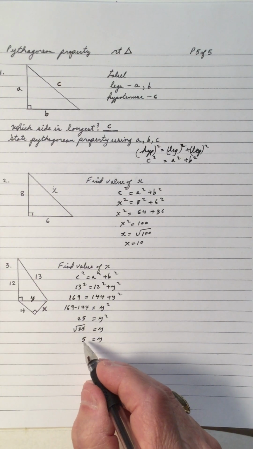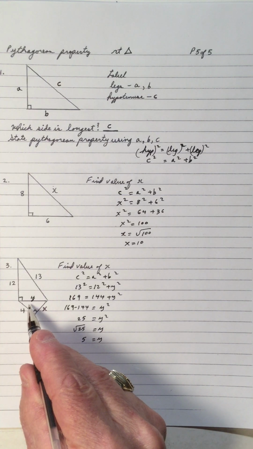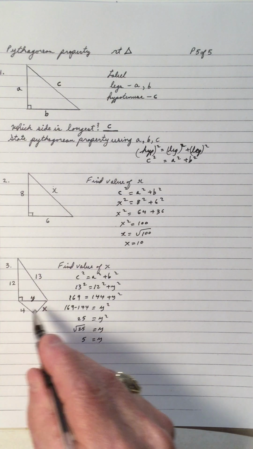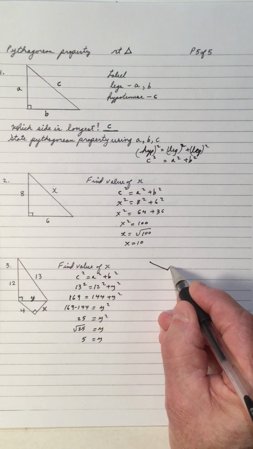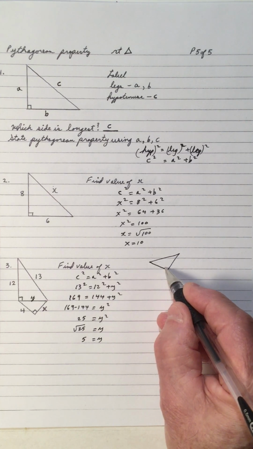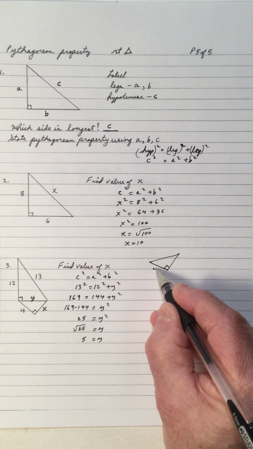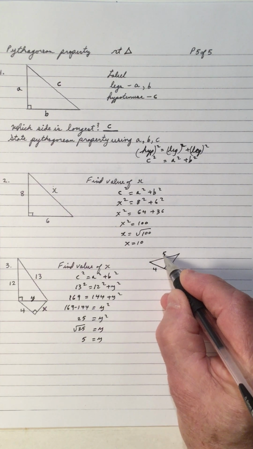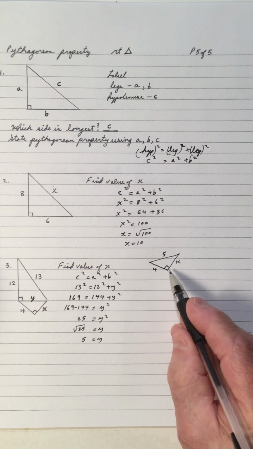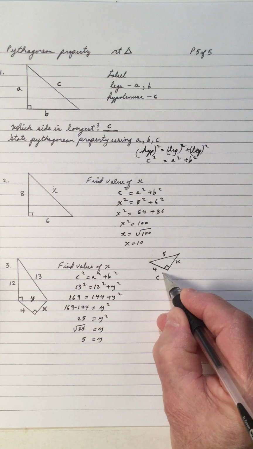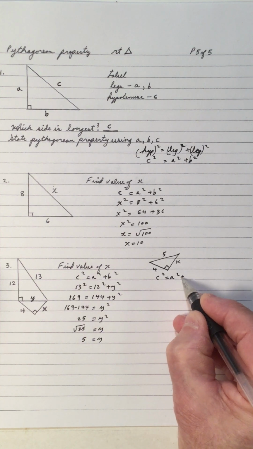Now we have what y is. So let's look at this triangle now, and let's draw it like this just to show you. There's the right angle. We have 4, and the y is now 5. So in this triangle, C squared is A squared plus B squared.